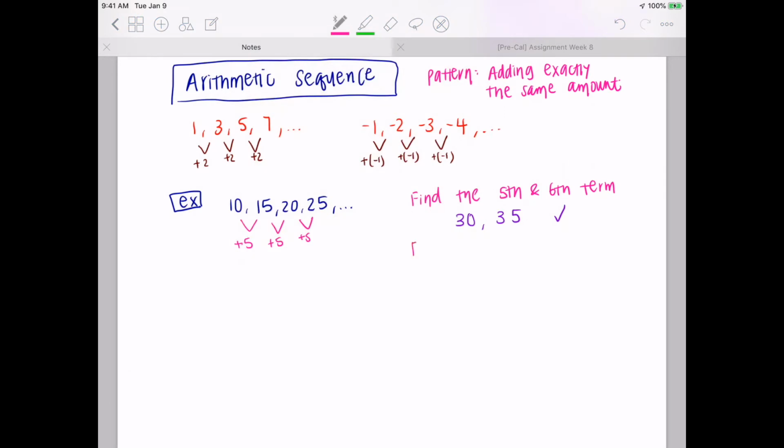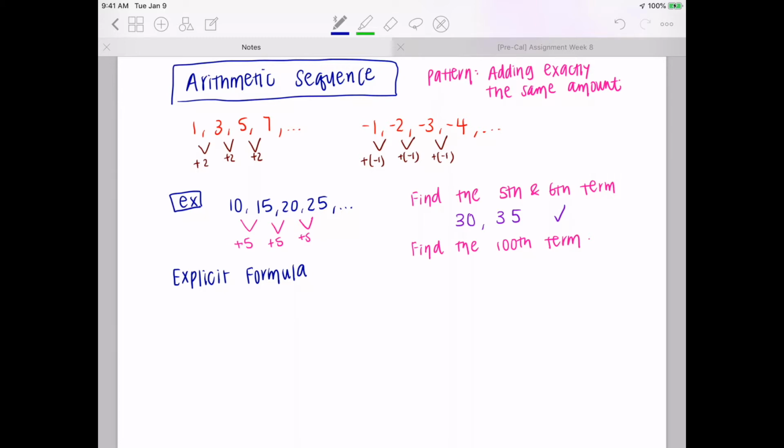But what if I say find the 100th term? You're like, oh, I'm not going to keep adding all the numbers. So there's an explicit formula, which make sure you write down. Explicit formula means I want to find a formula that I can put 100 or 200 or any number into, and it will give me the answer right away.